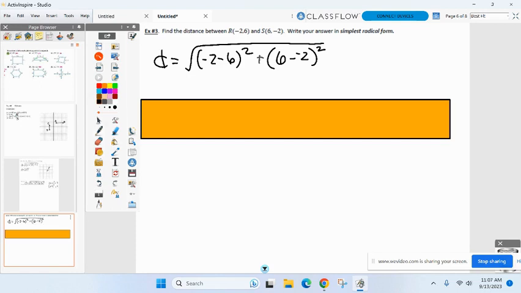Now that you guys get it, it gives you simplest radical form. Go ahead, try using it.